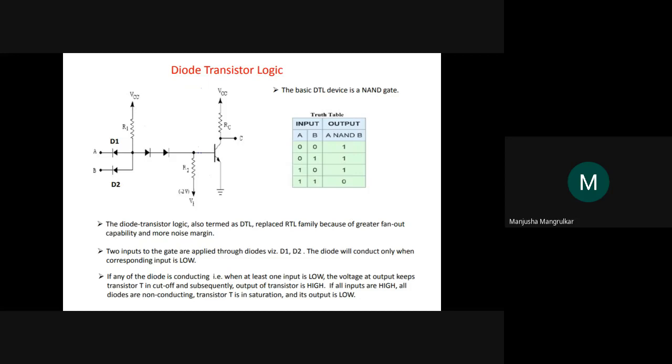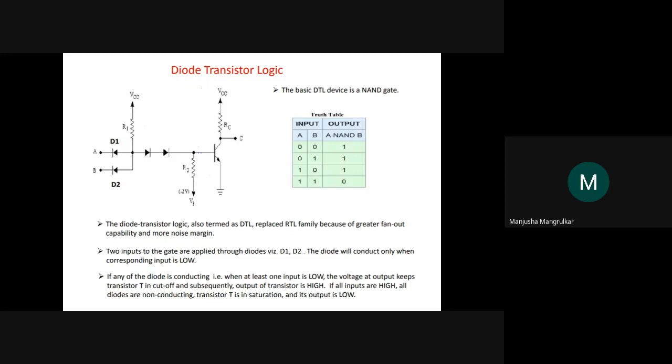If any of the diodes is conducting, that is, when at least one input is low, the voltage at the output keeps the transistor T cut off, and subsequently the output of the transistor is high.